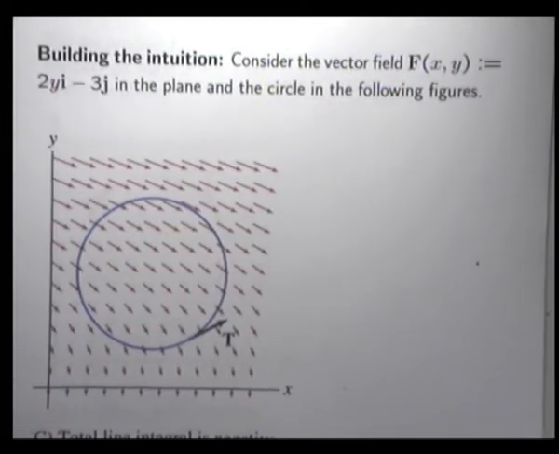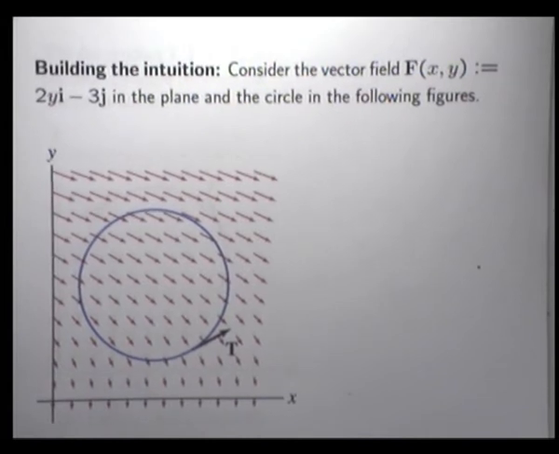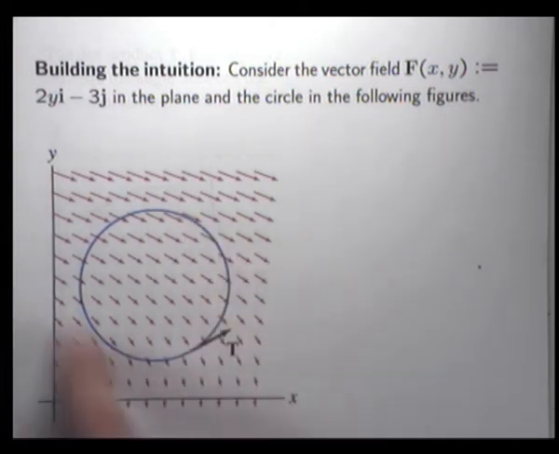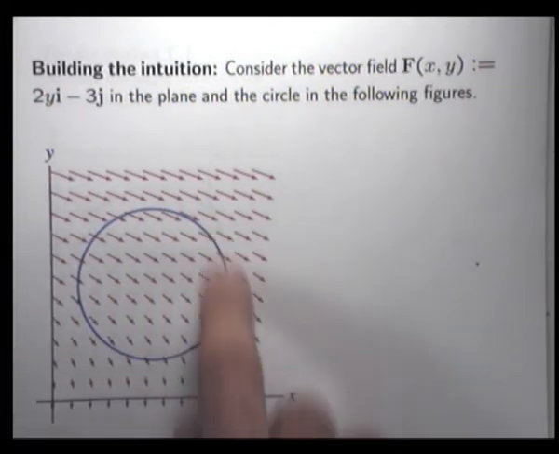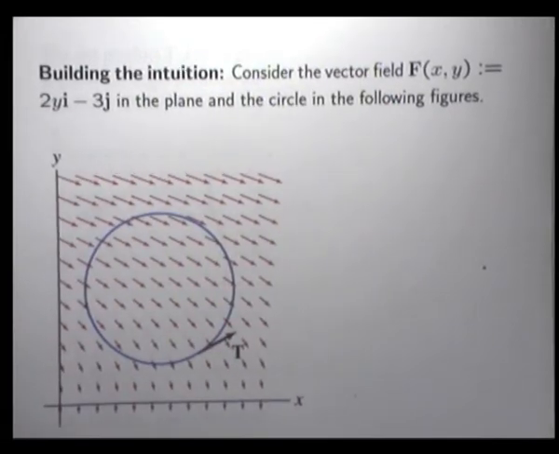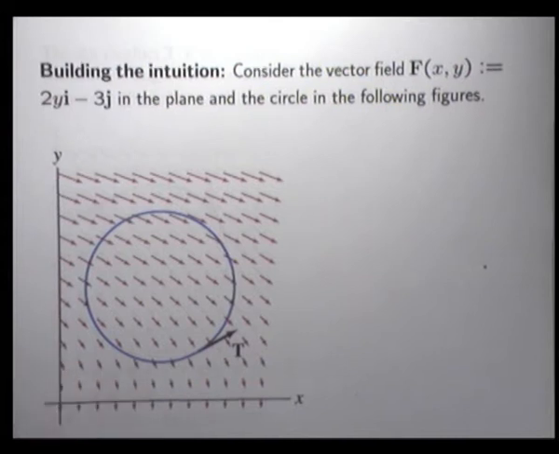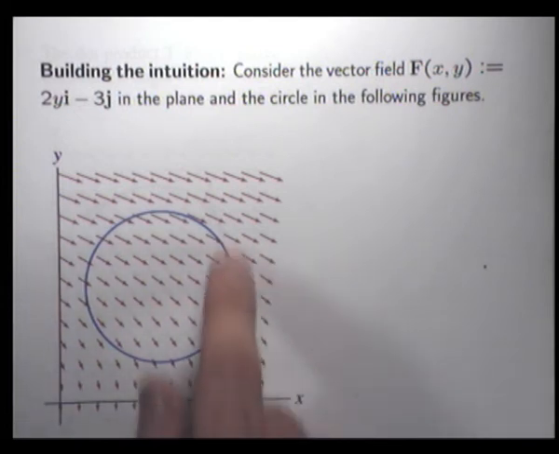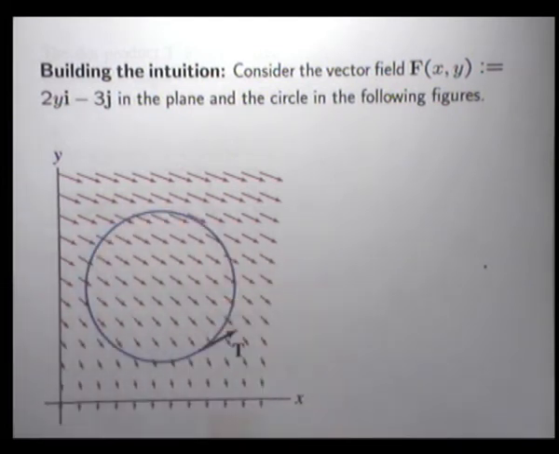All right, let's build the intuition. Here's a circle. I think in your notes I put ellipse, but it doesn't look much like an ellipse here. Given a vector field, denoted by the pink vectors in the plane, I'm interested in trying to deduce, if I can, geometrically, the line integral of this vector field over this circle.